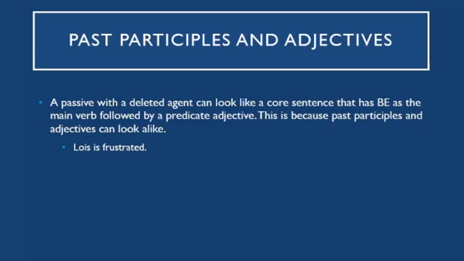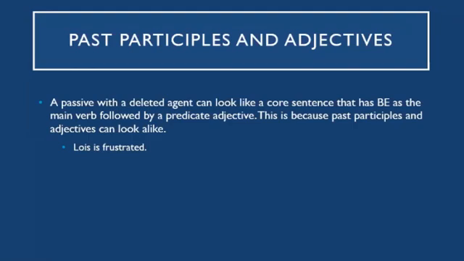This is because past participles and adjectives can look alike. You see, like Louis is frustrated. If you look at this sentence, Juan, you don't know if frustrated is an adjective or frustrated is the past participle form of the verb. See?